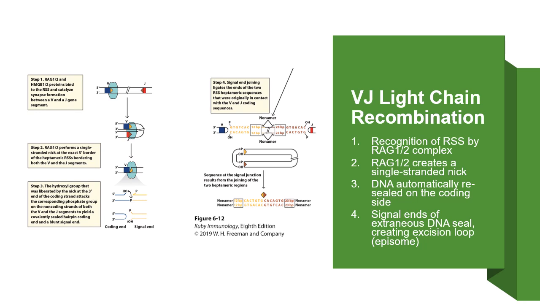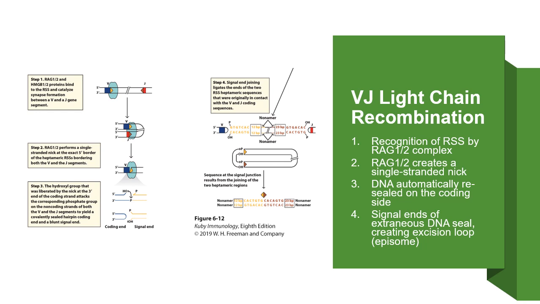where the first step of this process is recognition between the RAG1 and RAG2 recombinase enzyme and these RSS signal sequences, the ones at the 3' end of the V region and the one at the 5' end of the J region in particular, since that's what's being shown here.